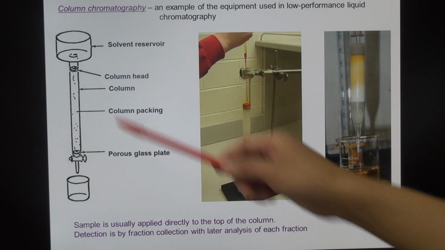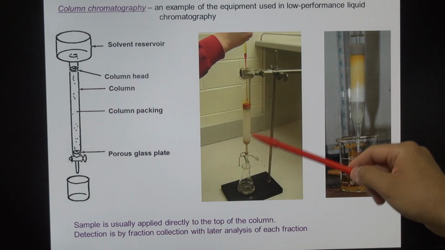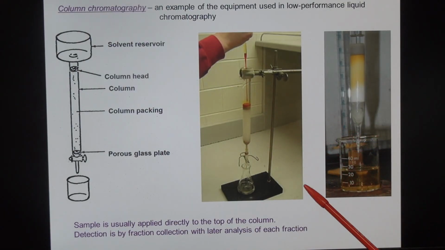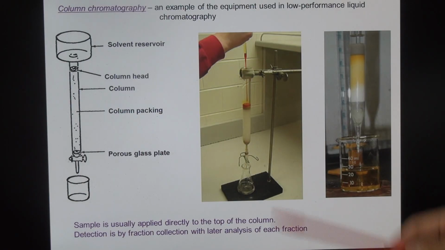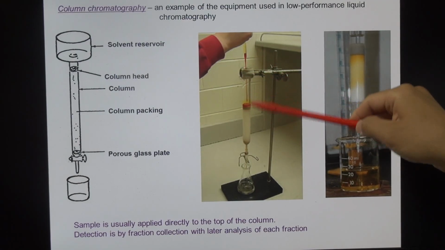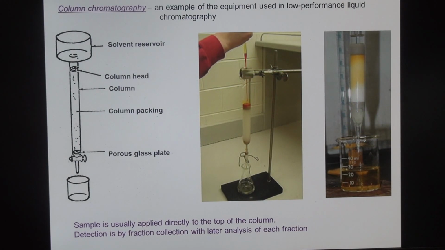Okay? We have a column. We pack the column with certain material. We usually use silica or alumina particles. And we add the mixture, the sample, on top of this packing material. Okay?